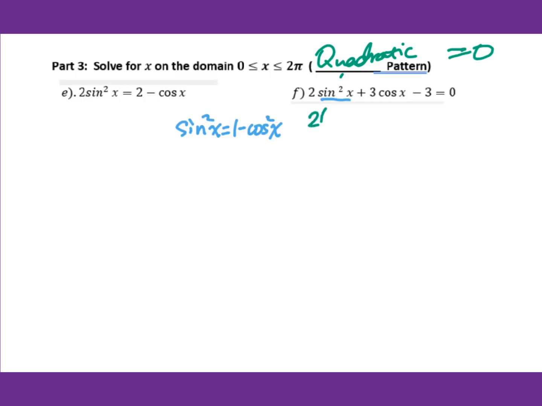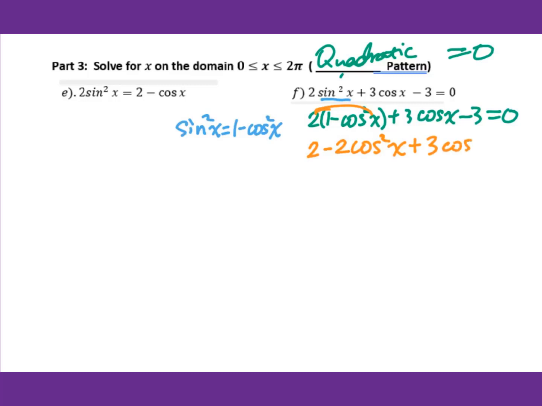So we got 2(1 minus cosine square x) plus 3 cosine x minus 3 equal to 0. Do distributive property, we got 2 minus 2 cosine square x plus 3 cosine x minus 3 equal to 0.